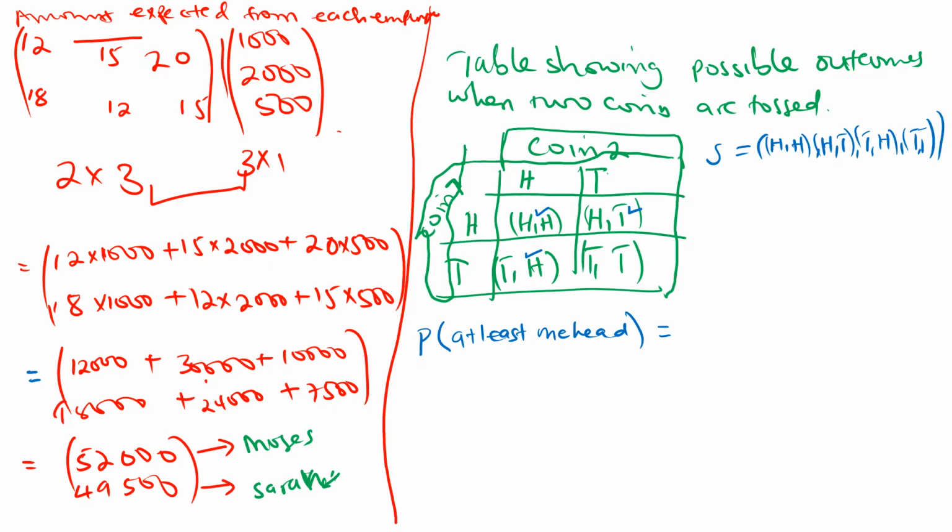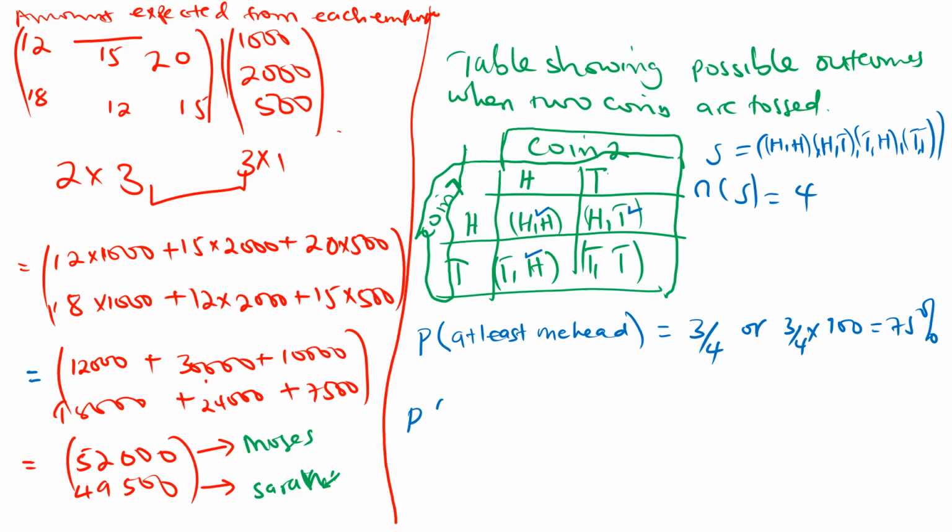So those are the possible outcomes. And then total outcomes, here we have 4. But how many outcomes are having at least one head? There are 3. So we shall have 3 out of 4. If you want to express it as a percentage, 3/4 times 100, and then we get 75%.